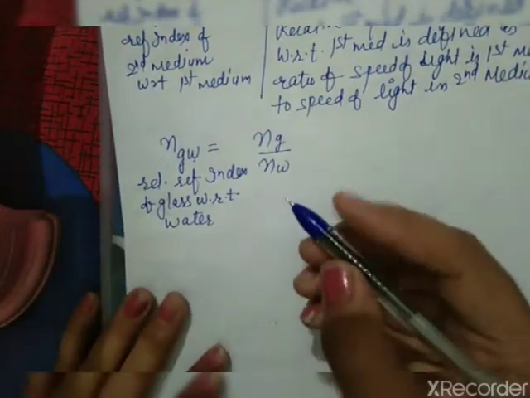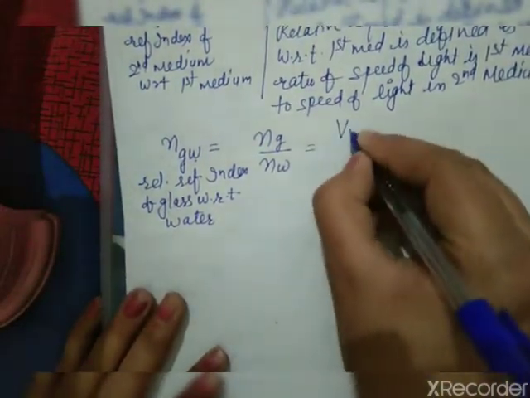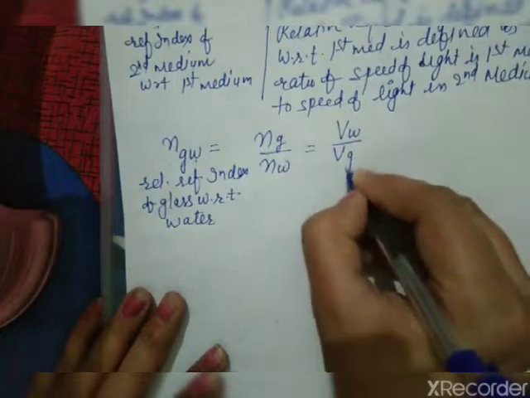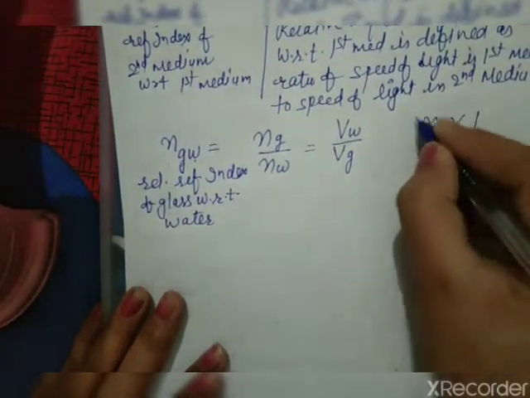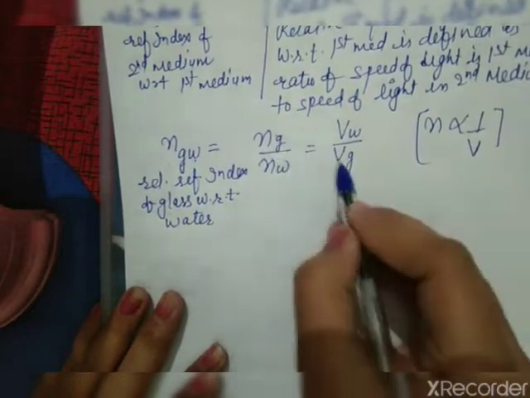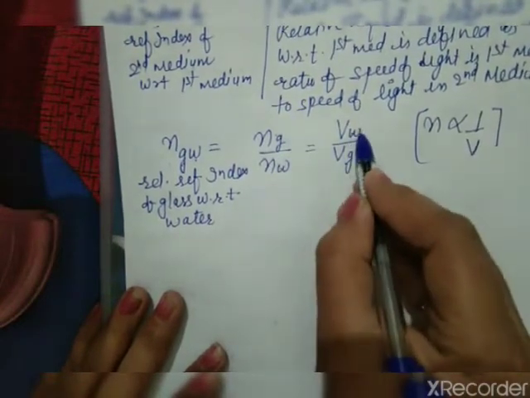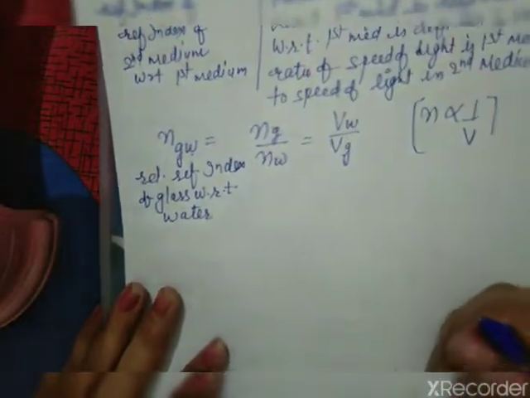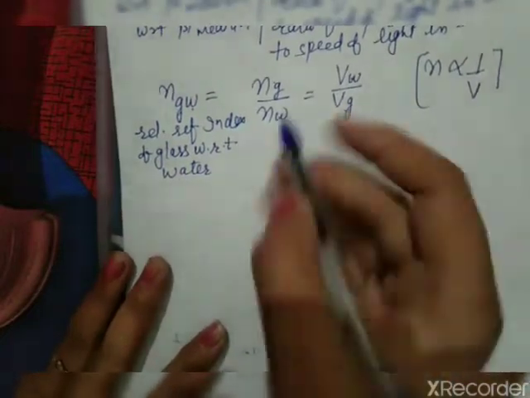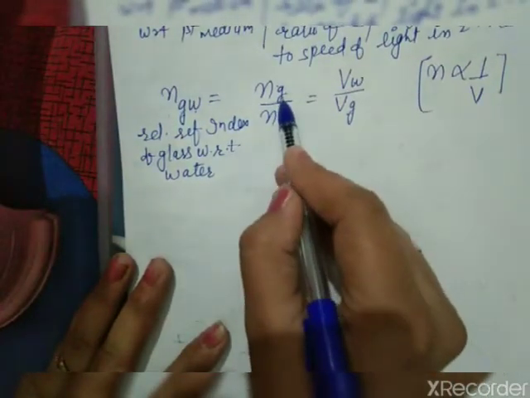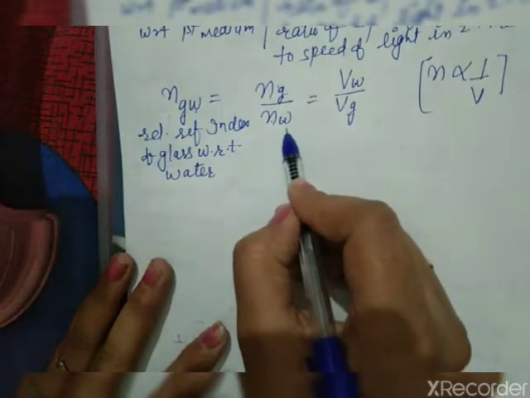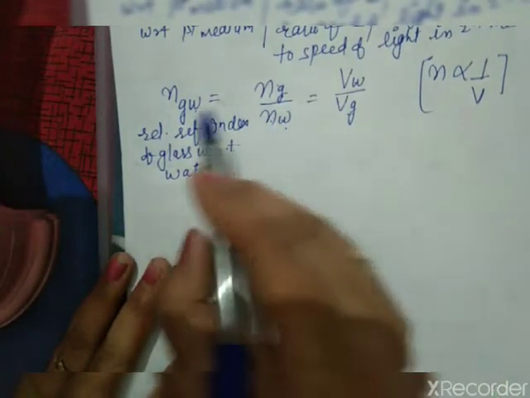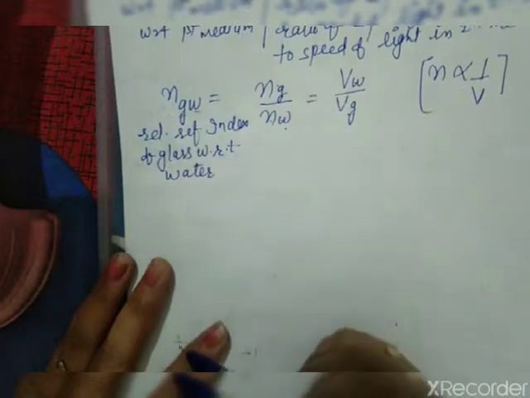Okay, in terms of velocity, what it will be? Vw by Vg. Why? Because refractive index is inversely proportional to speed of light, Ng by Nw, that is equal to Vw by Vg. Okay, it means if absolute refractive index of glass and absolute refractive index of water is given to you, then you can calculate relative refractive index.